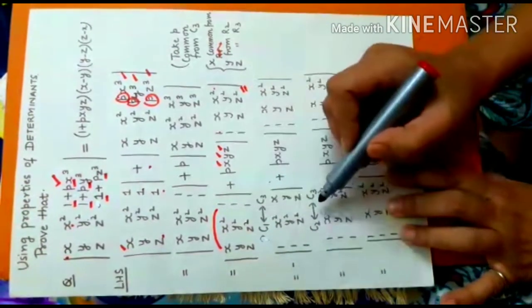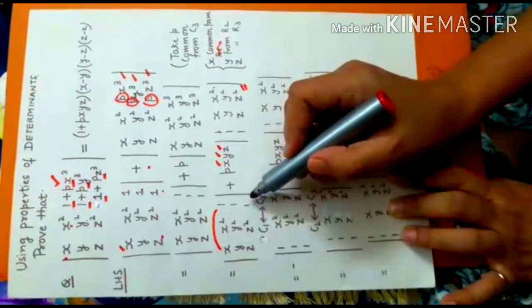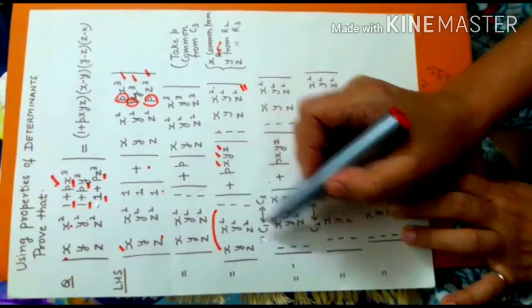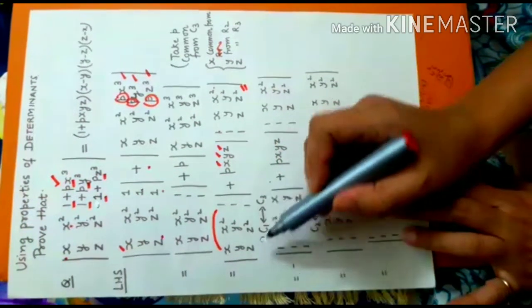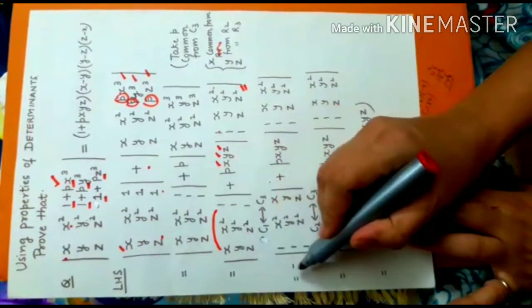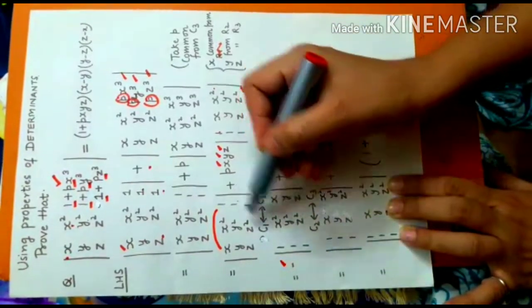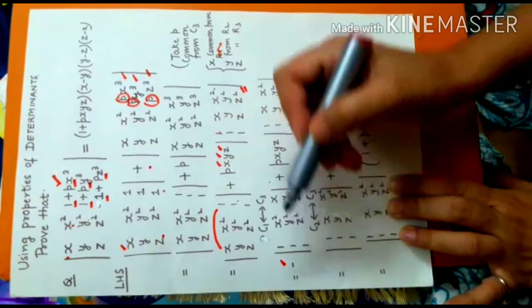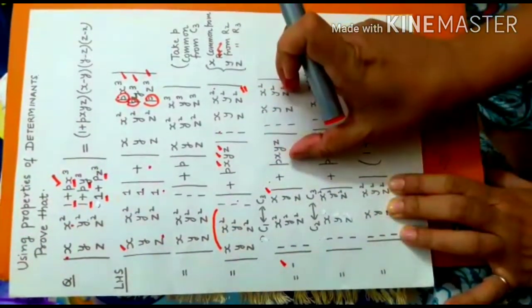And you know that in a determinant, when two columns are interchanged, the determinant changes sign. So when I interchange the first and the third column, the determinant will change sign and we will get a negative sign here. So the third column will become the first and the first column will become the third. This will remain same.